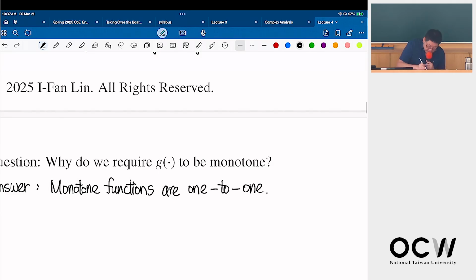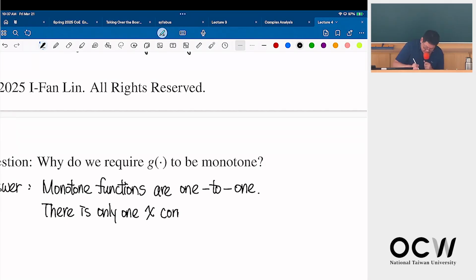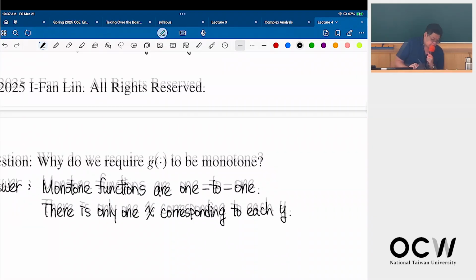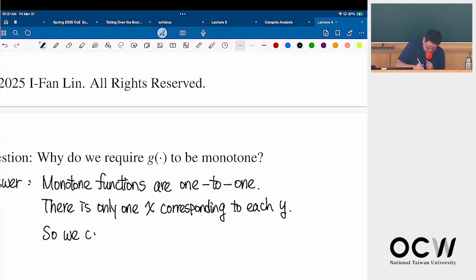That means there's only one x corresponding to each y. So we can write x of y equals g inverse of y uniquely.